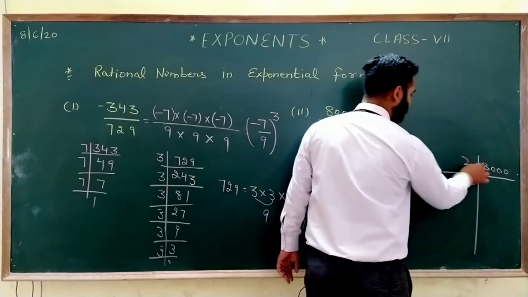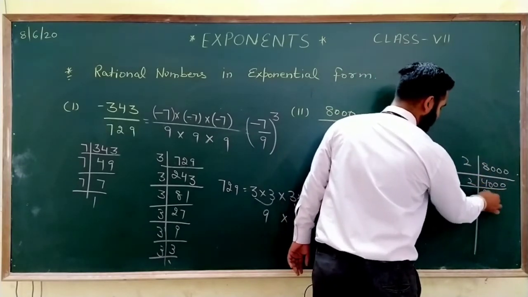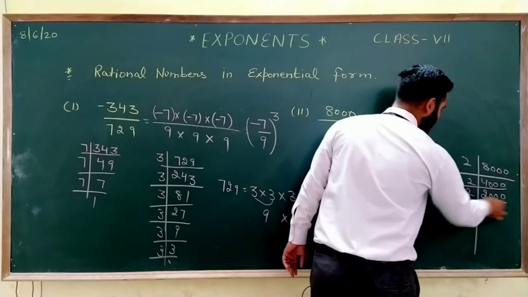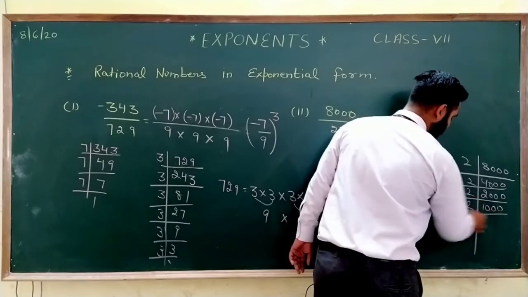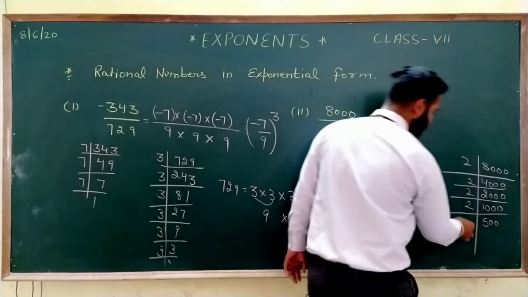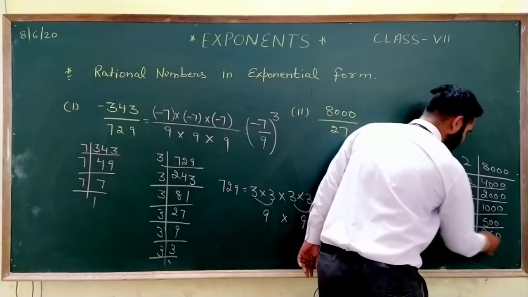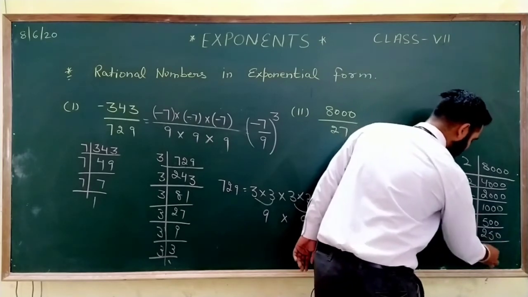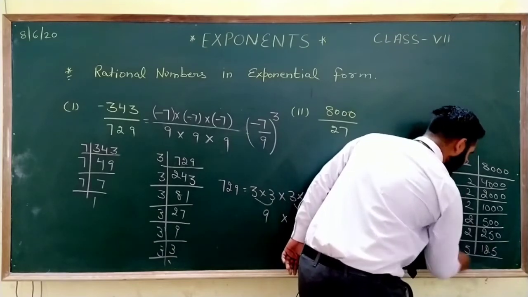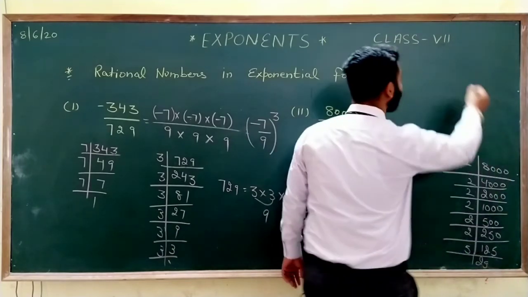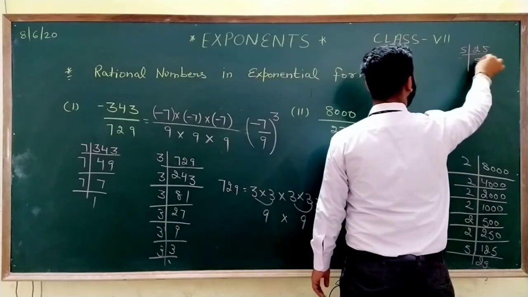First, on the table of 2 you will get 4000, then 2, 2000, again 1000, so 2, 500, like this. You can make 250, 125, and the factors of 125 are 5, 25, and if you make 25 it will become 5 and 5.